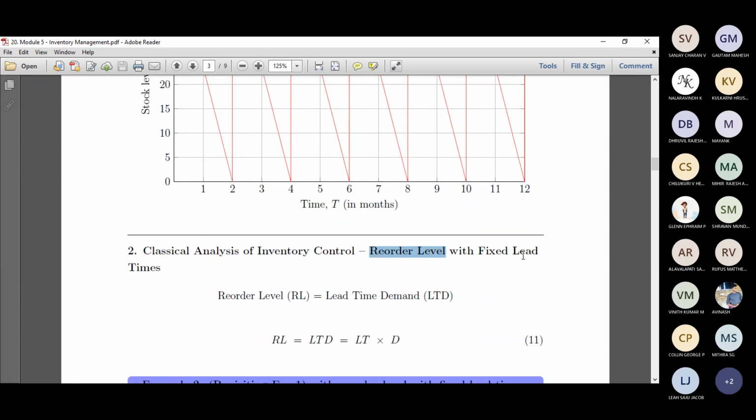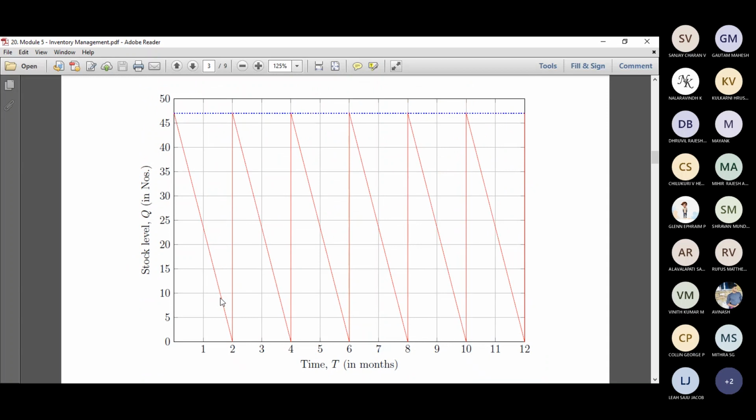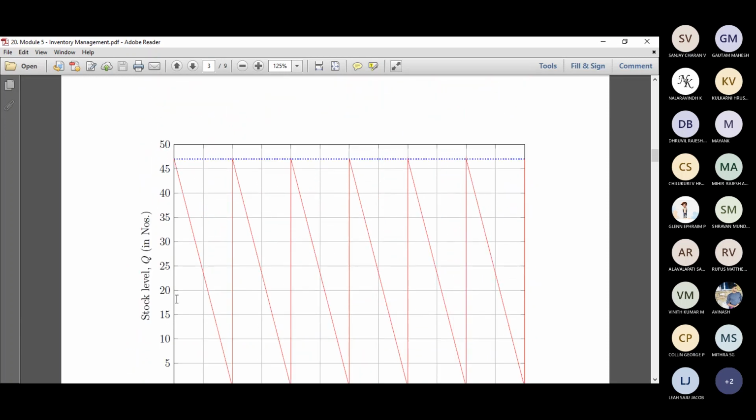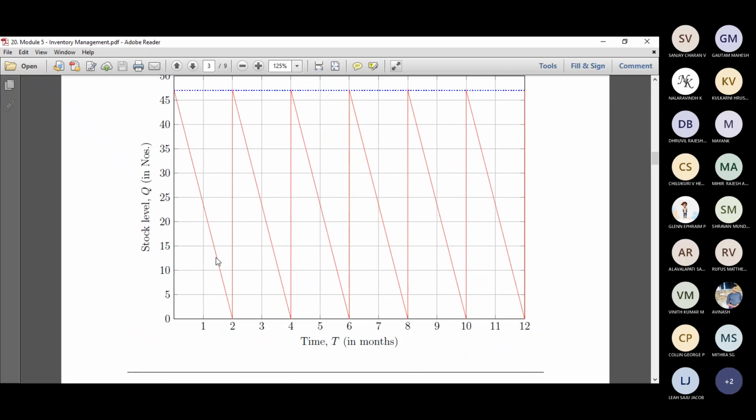So this is reorder level with fixed lead times. Fixed lead times in the sense that we know it will come in a fixed 2 weeks' time. But what happens if sometimes it comes in 2 weeks, sometimes in 3 weeks, and it's not a fixed lead time, it is a variable lead time? That needs a different treatment. But at this point, we are reordering at some fixed time, say 2 weeks.